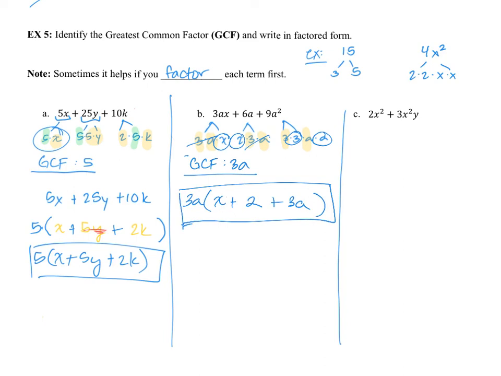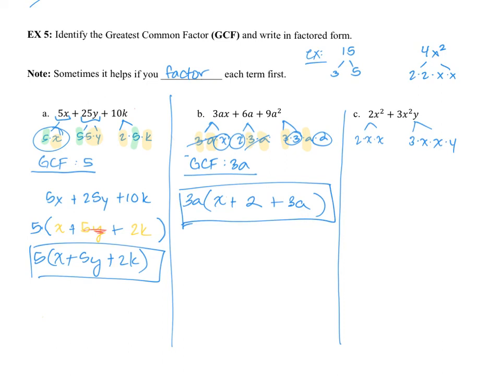All right, last one. Once again, our first step, unless you can see it in your head, which if you can do it in your head, it's fine, it's always good to go ahead and factor completely. So that's 2 times x, and this factors into 3 times x times y. All right, take a second, pause the video, see if you can identify the GCF.